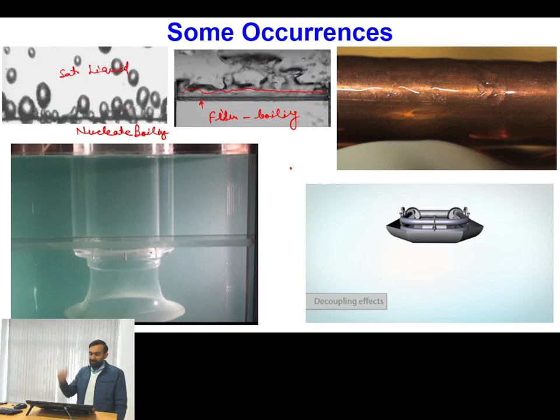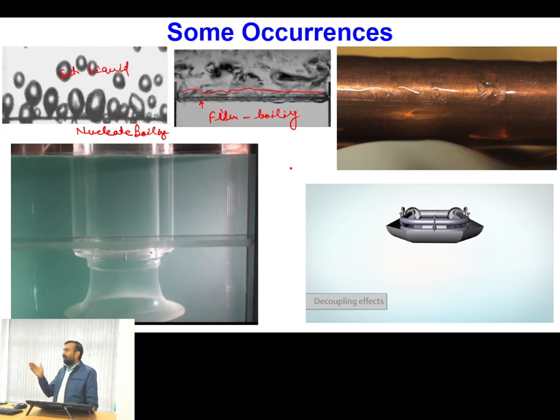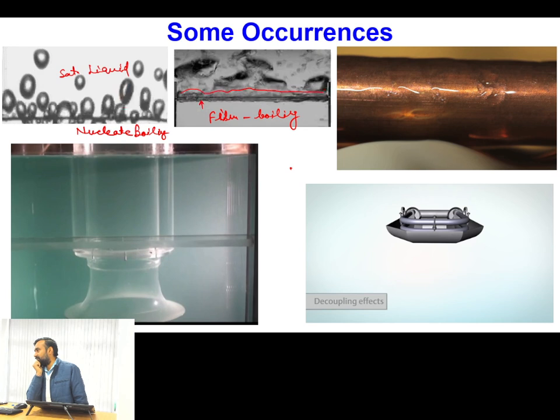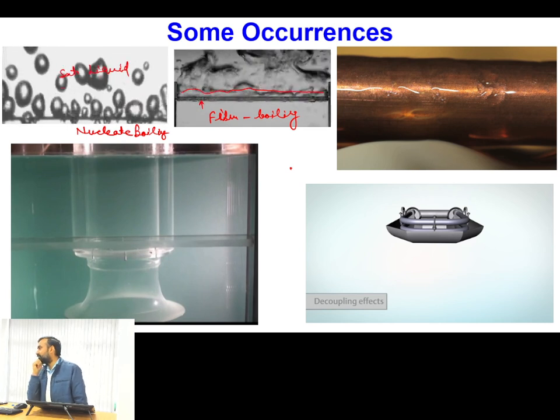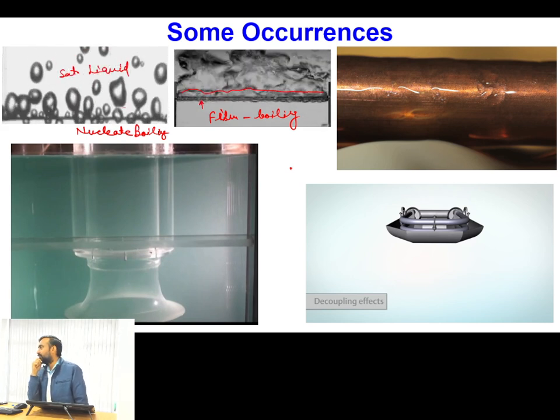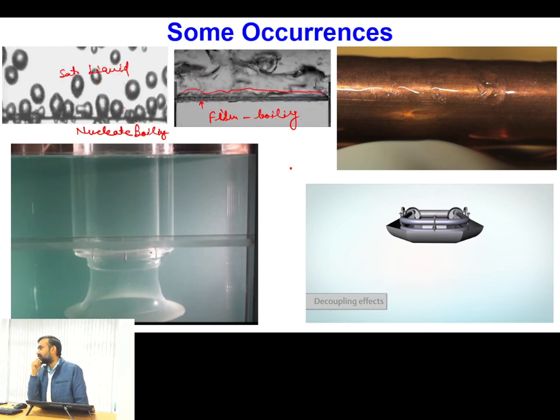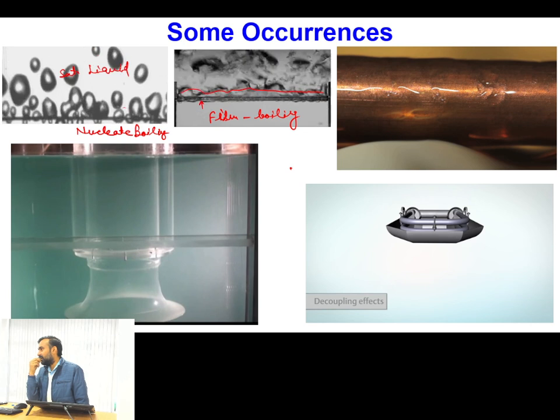Okay, so you might have seen that in our pressure cooker, we provide one safety feature. Can you tell me the name of that particular device we use? So that is the whistle.